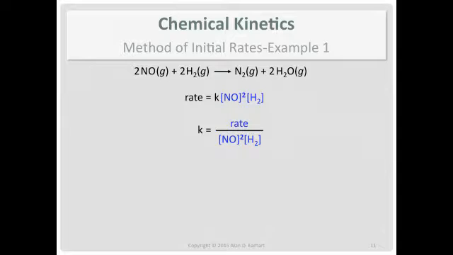So for my classes, since I wasn't specific, you could pick any one of those 3 trials and calculate your rate constant. I'm going to go through and do it for each of the trials just to show you.